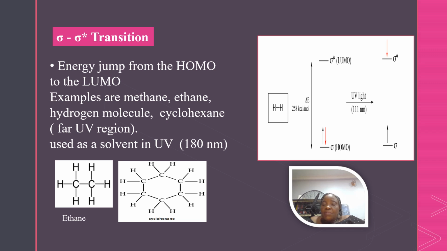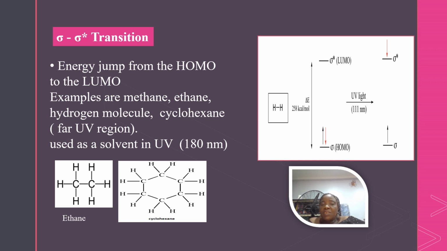The sigma to sigma star transition, how does it occur? In this transition, the electrons in a molecule move from a bonding sigma orbital known as the HOMO, the highest occupied molecular orbital, to an anti-bonding orbital, sigma star, referred to as the LUMO, the lowest unoccupied molecular orbital.